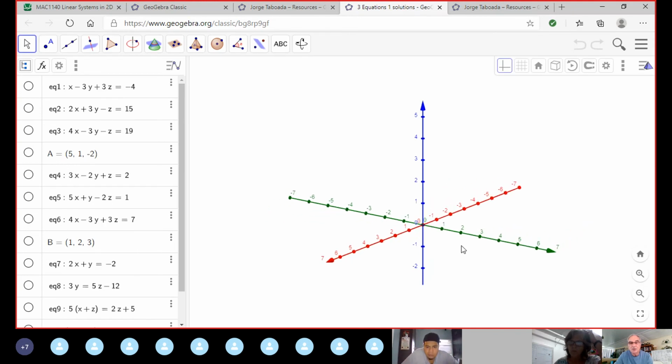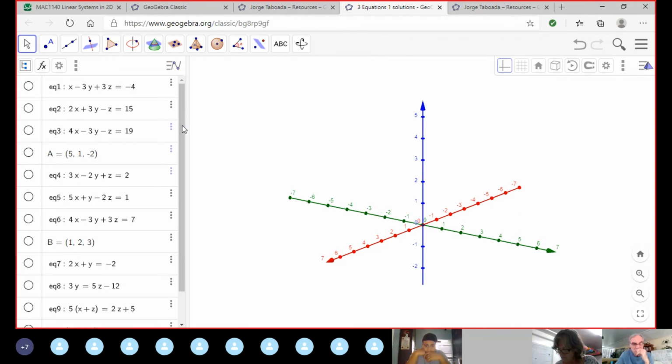And you see 3 axes, no? The red one is X. The green one is Y. The Z is the blue one. Do you see Geogebra well? Yes, sir, we see it.